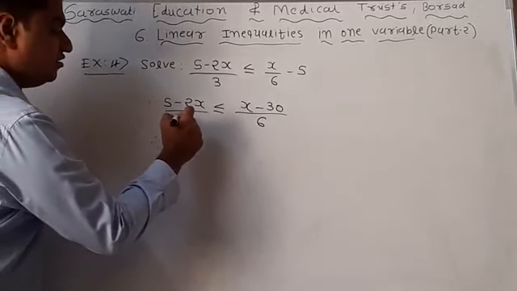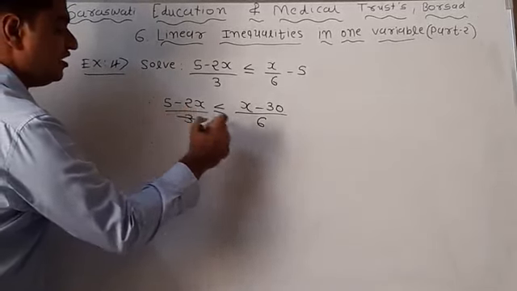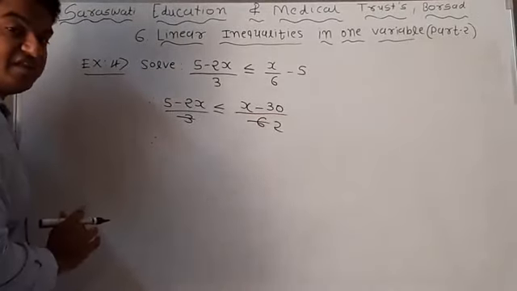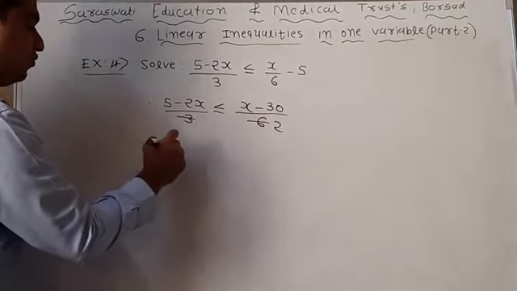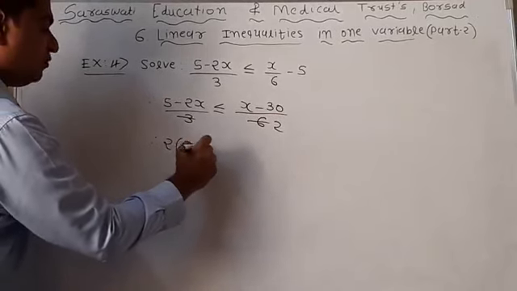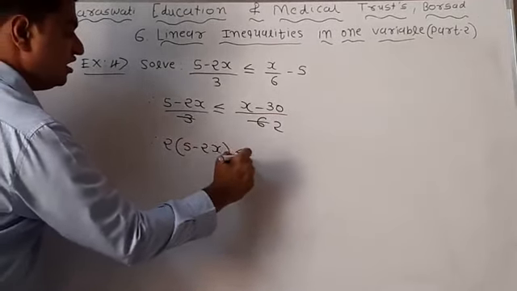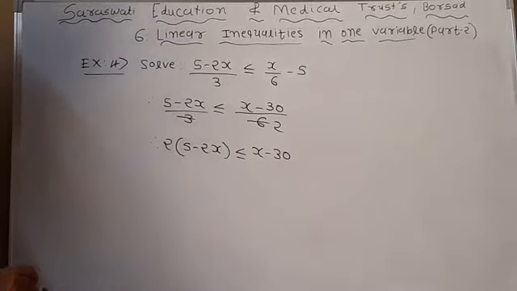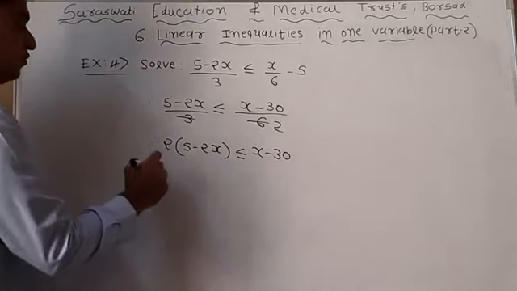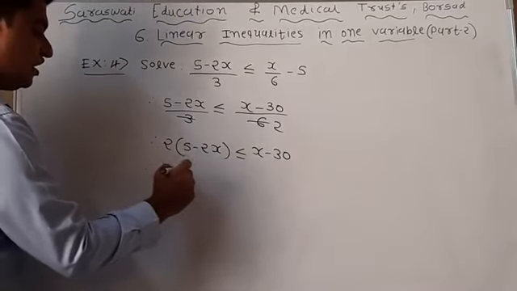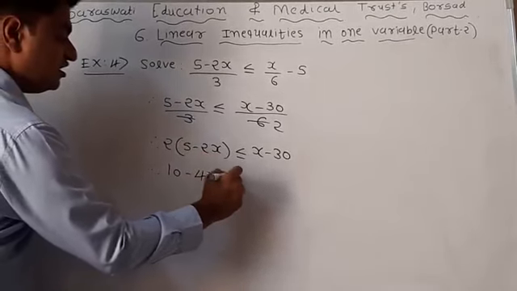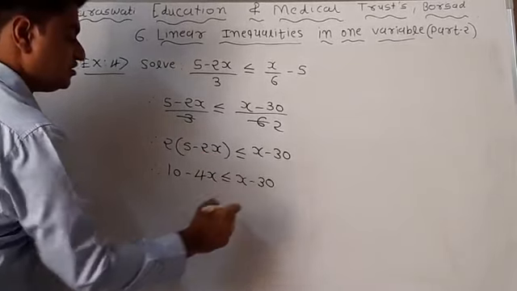So therefore 2 into bracket 5 minus 2x less than or equal to x minus 30. Therefore 5 twos are 10 minus 2 twos are 4x less than or equal to x minus 30.